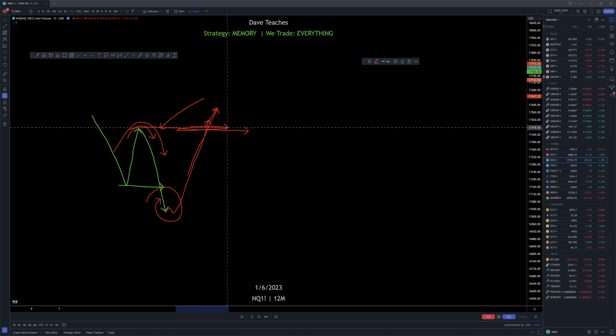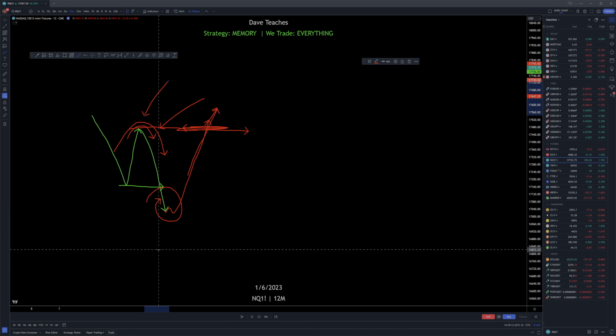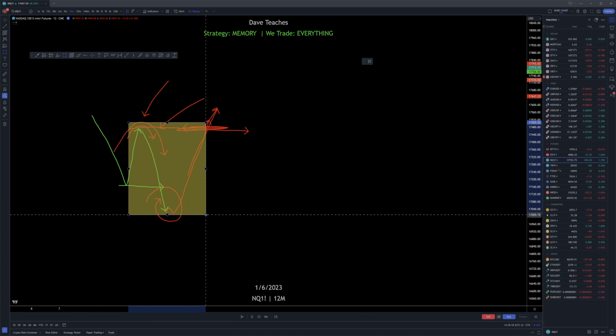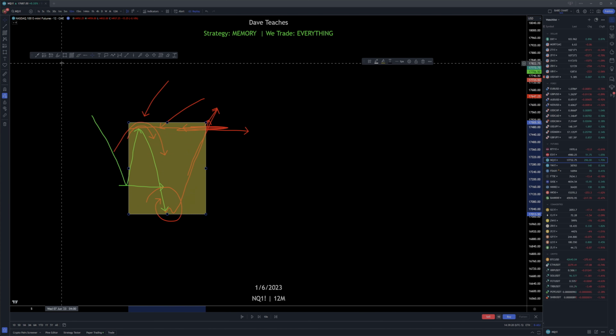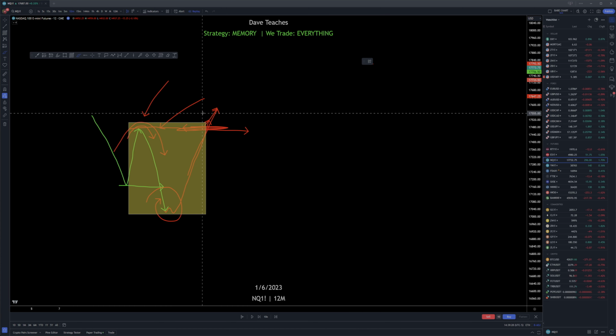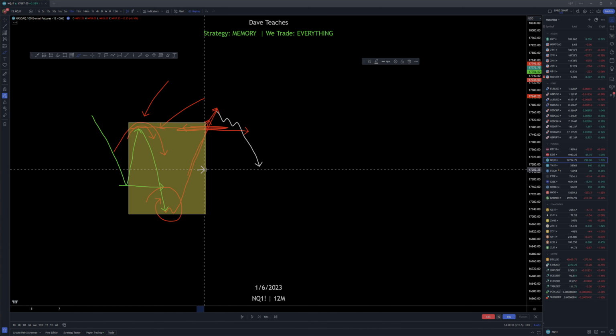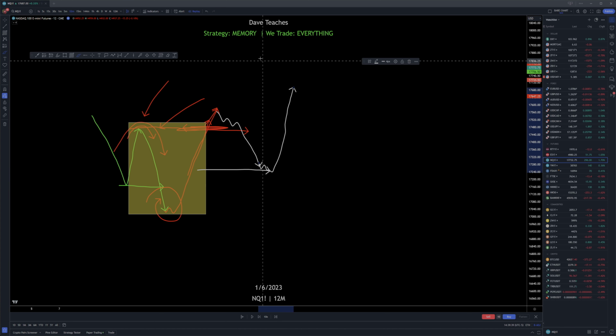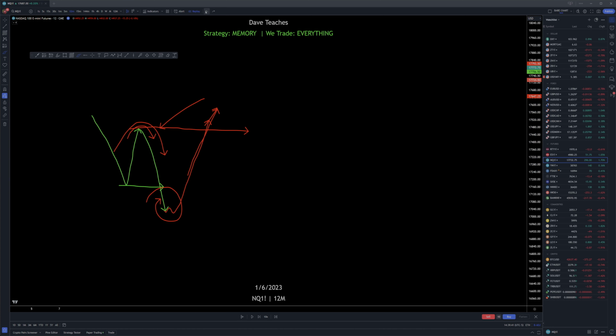A body closure up above that previous high. That's when we are now what? Taking that previous range that we started with, that we discussed, and we're looking for price to trade back into that range in order to continue trading higher. That is the basics of video 1 and 2.